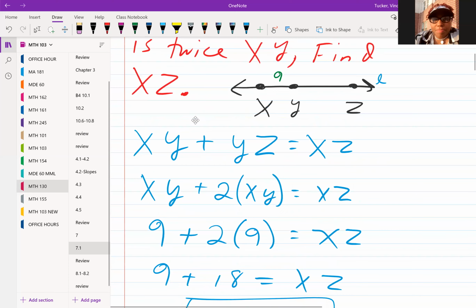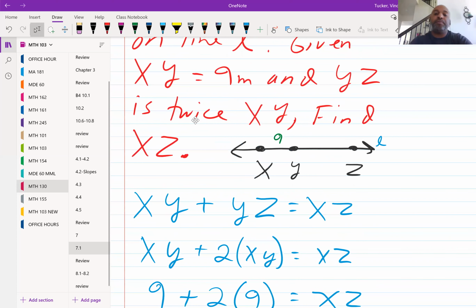So 9M is 9 meters. Is that considered slope? No, the M stands for meters. We're talking about measurement now, a totally different thing.